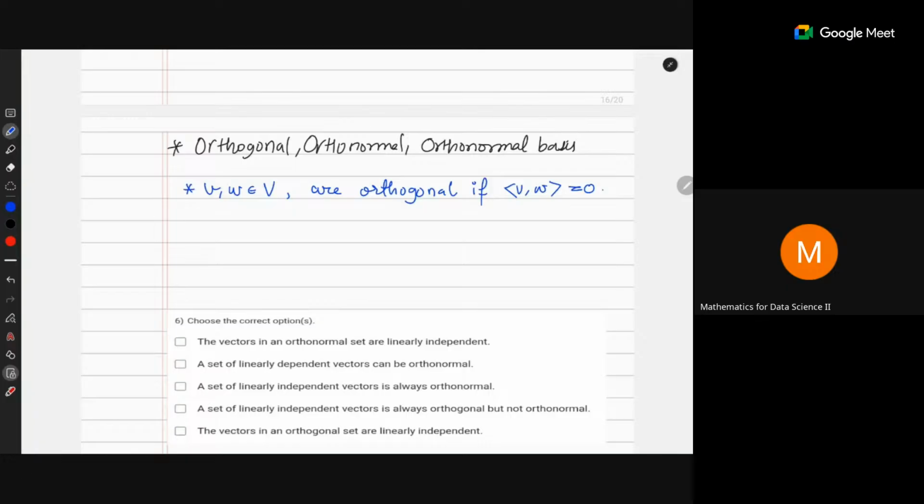Two vectors in an inner product space are said to be orthogonal if their inner product is 0.